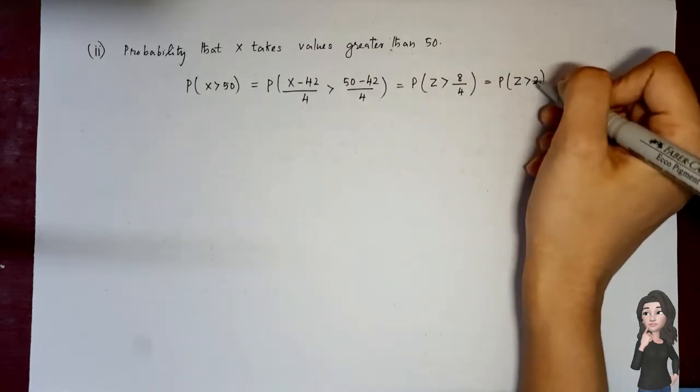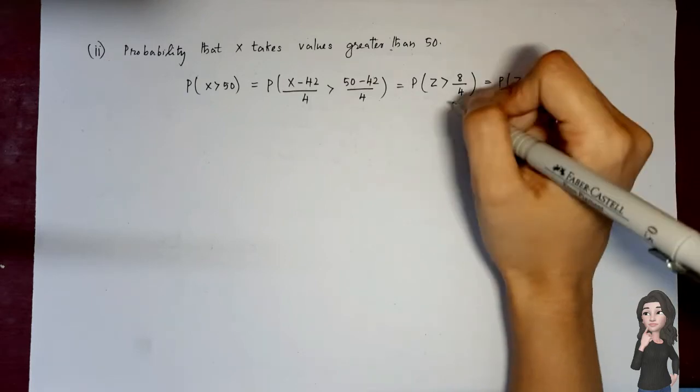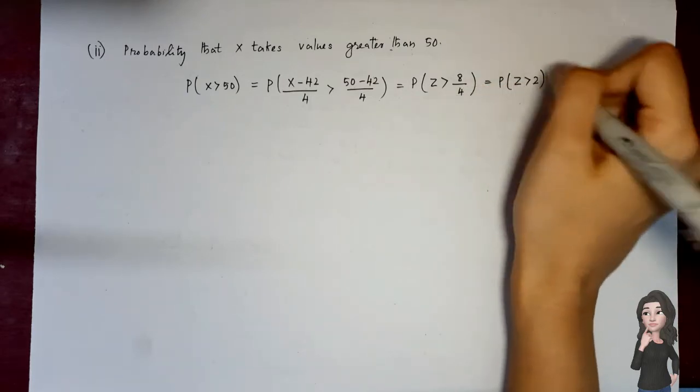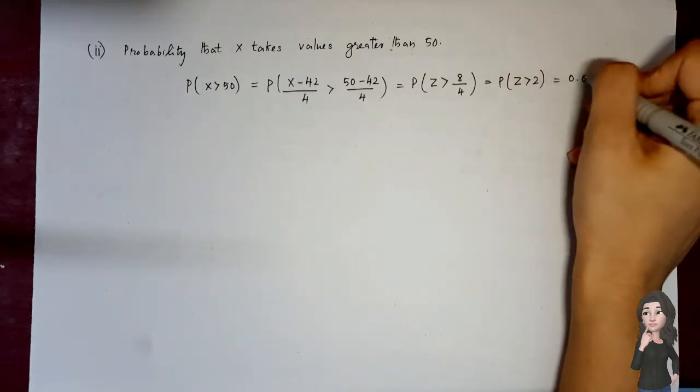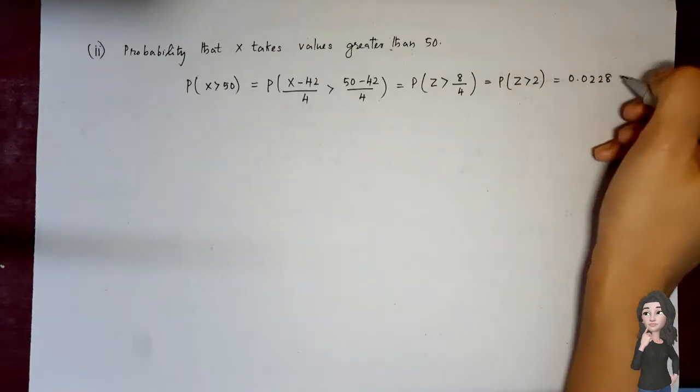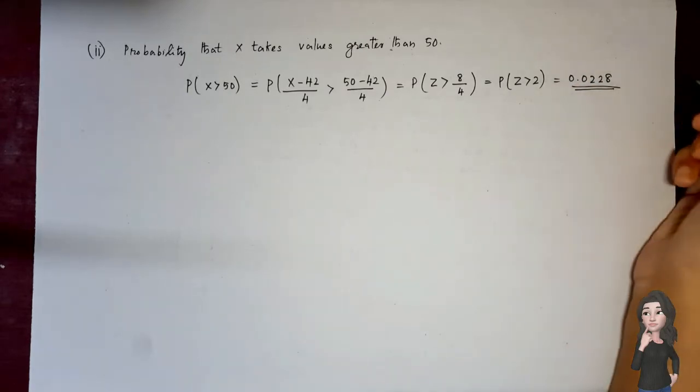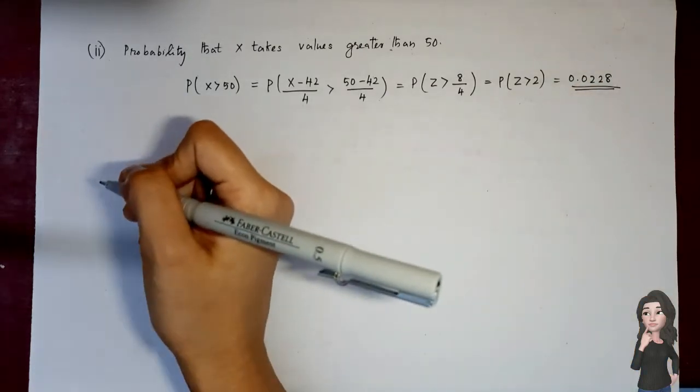And as the answer to the previous subsection, we have found the probability of z greater than 2 to be 0.0228. This is this probability.